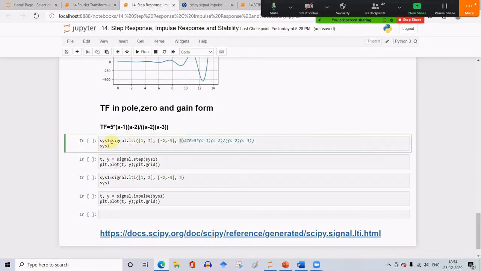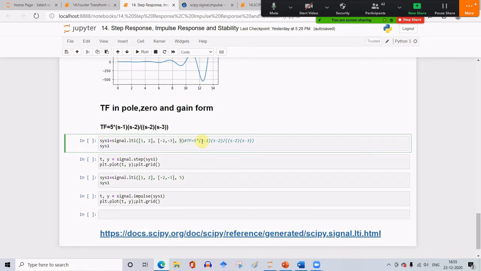This is of the form signal dot LTI, the sub package for linear time invariant systems, in this zero-pole form. The first array represents the zeros, the second the poles, and the third the gain of the system.